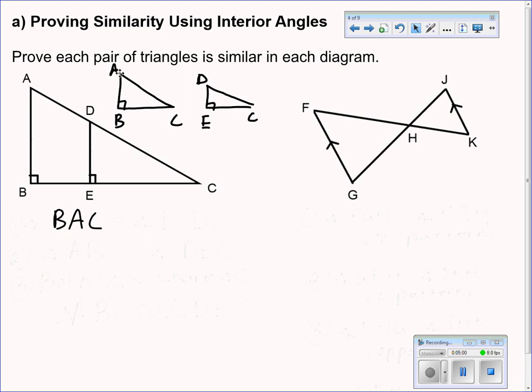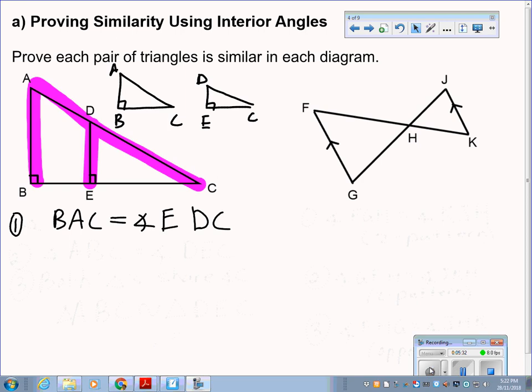Now let's go through proving that something is similar. If I take a look at angle BAC, which is this, from here to here, you'll notice something. I'm going to highlight that for you.